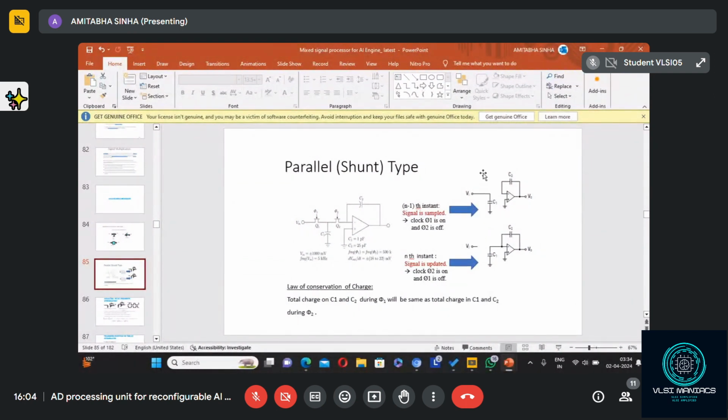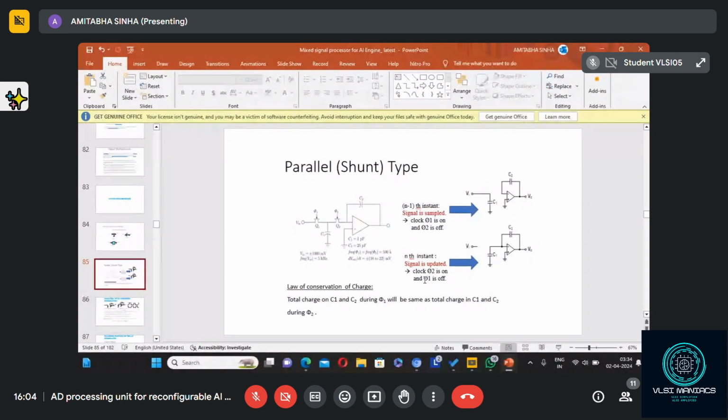So what will happen to this circuit? What is it going to do? At the n minus 1th instant, when phi 1 is 1, what is going to happen? Anybody? Sir, the voltage V1, the capacitor will be charged. Capacitor will be charged. That's simple.